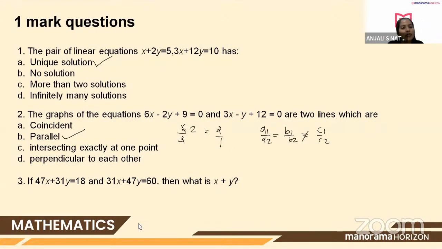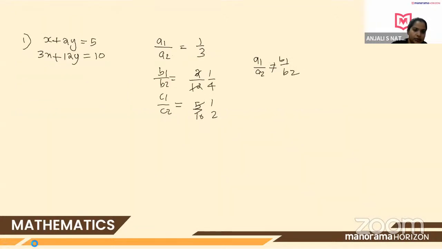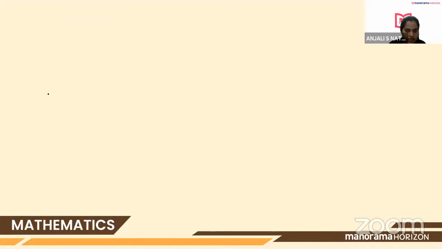So the third question is 47x plus 31y is equal to 80 and 31x plus 47y is equal to 60. Then what is x plus y? So let's check. Question 3.